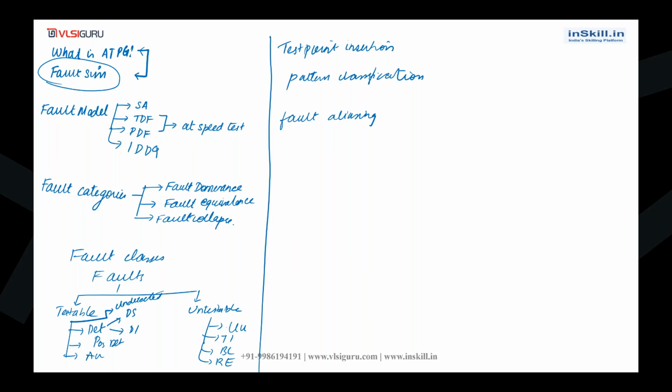Then we will also understand about the on-chip clock controller, OCC logic, OCC architecture. Okay, and then we'll try to understand what is called coverage, what is test coverage, what is fault coverage, test coverage versus fault coverage, what is it? We'll try to understand.